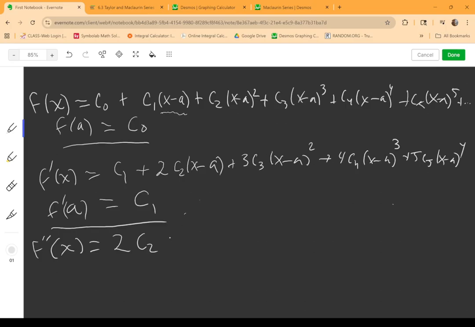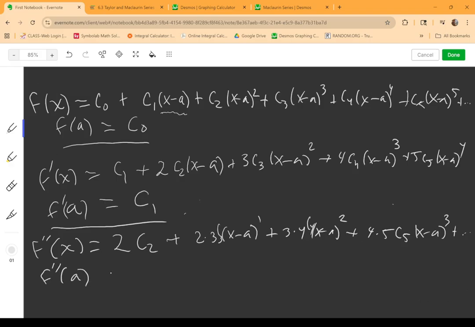And then the rest, we get plus 2 times 3 c3, I'm going to avoid multiplying them for now, and then 3 times 4 c4 (x minus a) squared, plus 4 times 5 c5 (x minus a) cubed, etc. Then we evaluate the second derivative at a. All these quantities go to 0, and we're left with 2 c2.